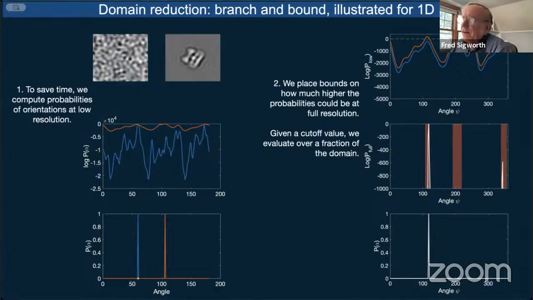So in order to not spend years evaluating the gamma function, both Reliant and CryoSpark use tricks to reduce the domain over which the integral is taken. That is, we find just a region of the five-dimensional phi space to evaluate. And the basic idea is let's do a low resolution estimate of gamma, taken at fewer points, and that's what this orange curve here is.